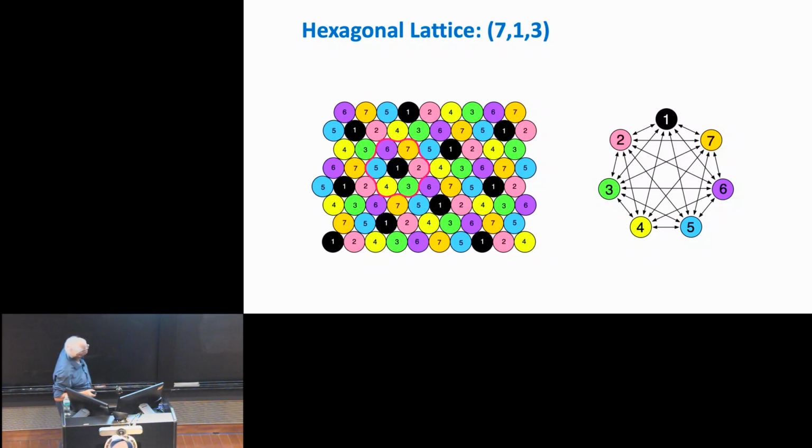And what you see there is in the middle of it is the black colour 1, and then surrounding it are 6 different colours. This, of course, is the famous 7 colouring of a torus. Yeah? A map drawn on a torus needs at least 7 colours in general to colour it. And this is coming up in this lattice structure, and the quotient is the complete graph on 7 nodes.